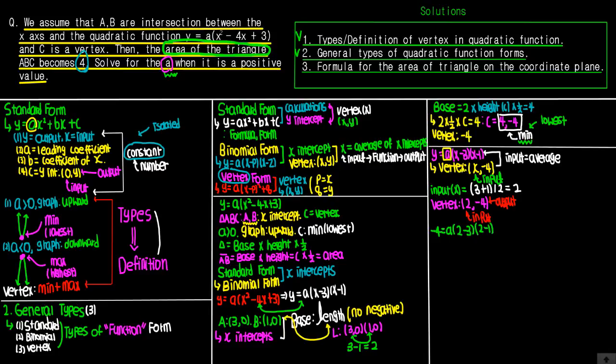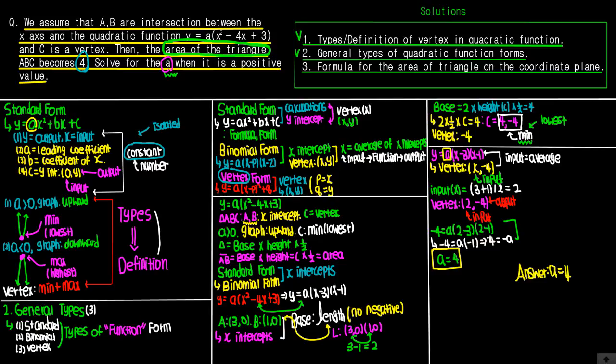If we simplify this, we get negative 4 is equal to a times negative 1 times 1, so negative 4 is equal to negative a. So we can solve that our a value is going to be positive 4.